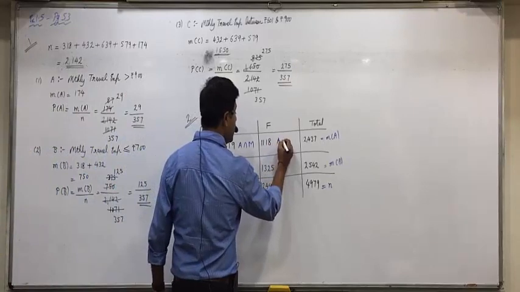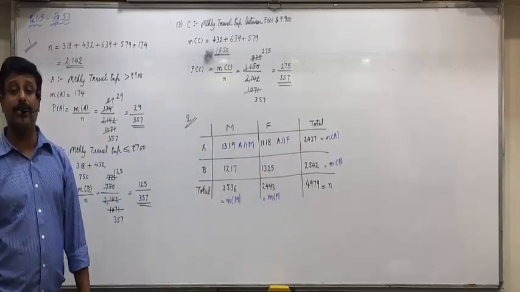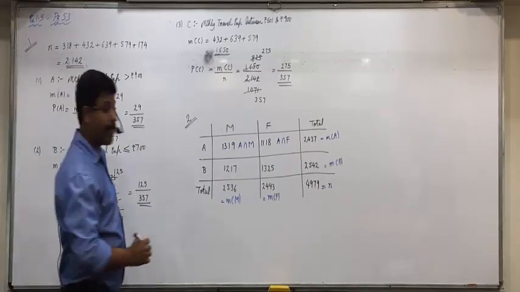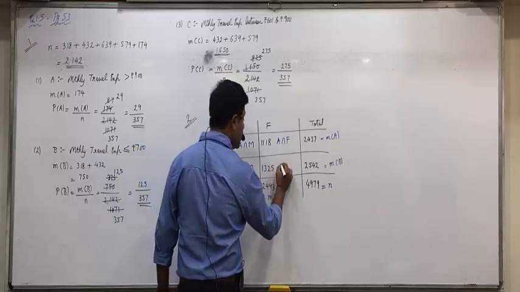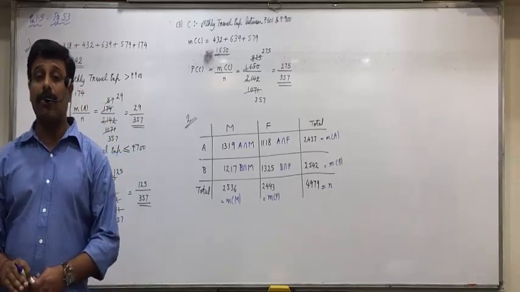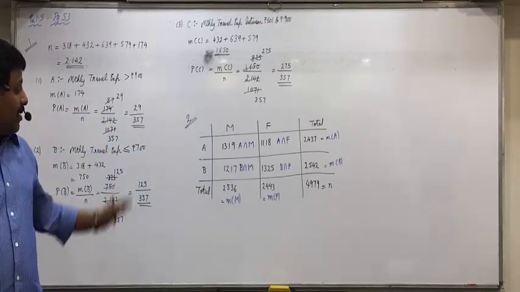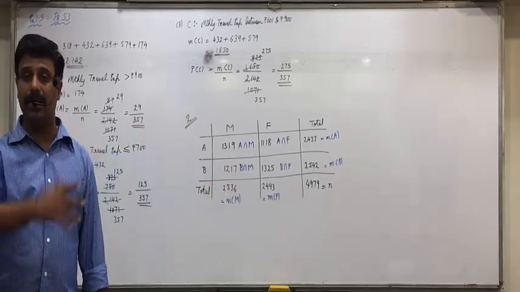A intersection F. What is 1217? B intersection M. And 1325 is B intersection F. So if I ask you the question, what is the probability that voter is male and supporter of party A? 1319 upon 4979. Same with the other three.